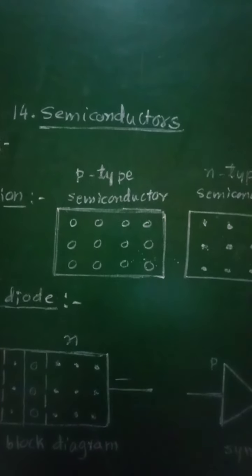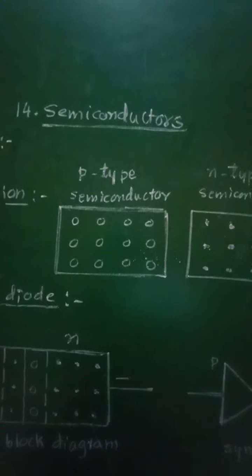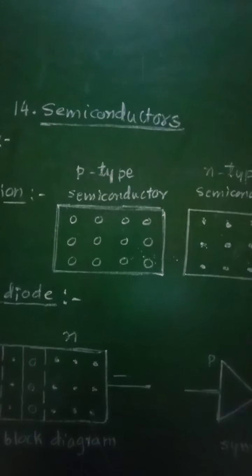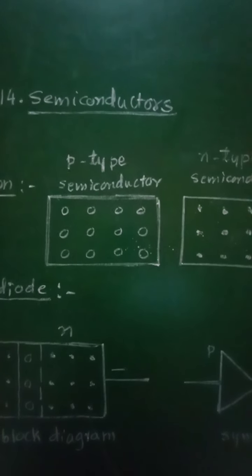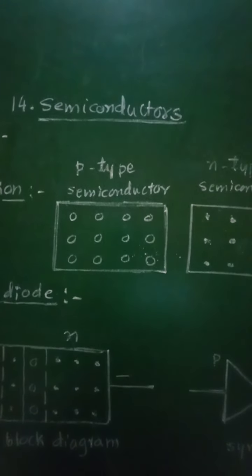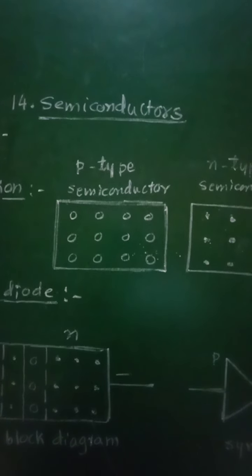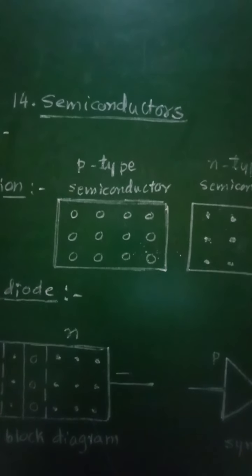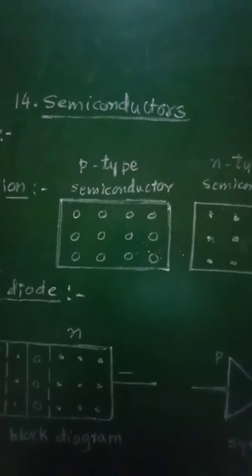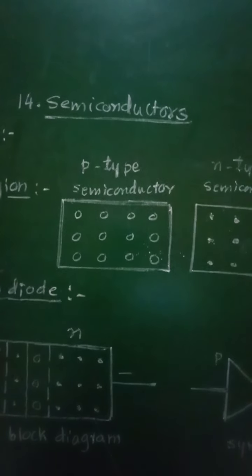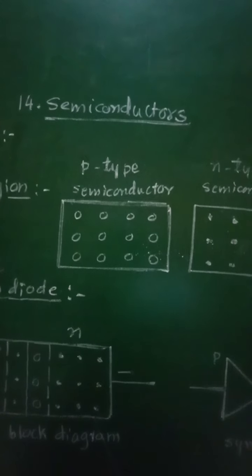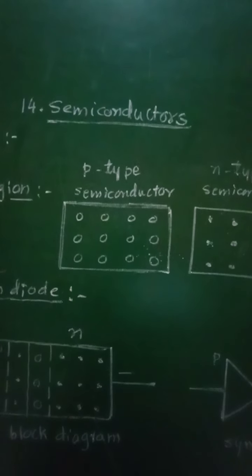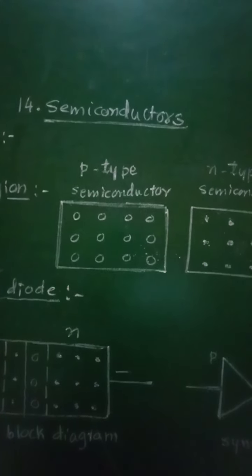This density gradient causes the transfer or migration of the electrons from the n side to the p side. So due to the large density gradient between the p region and n region, the electrons from the n region will migrate, will get transferred to the p region, that is the p side of that p-n junction.